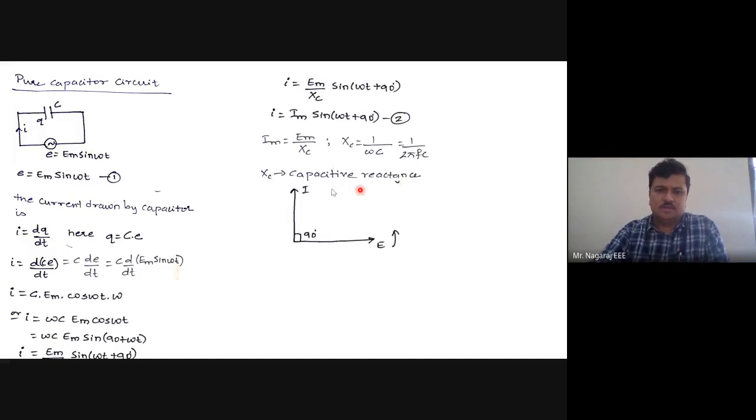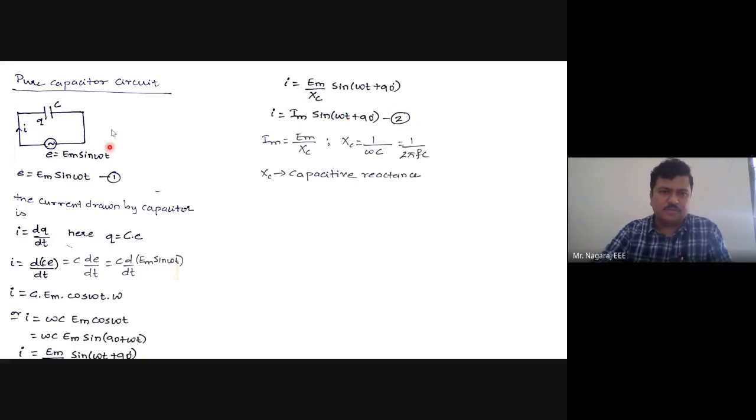Now from equations 1 and 2, the phase angle difference between voltage and current is 90 degrees. It is omega t plus 90, so the current is ahead of the voltage, or current is leading the voltage.